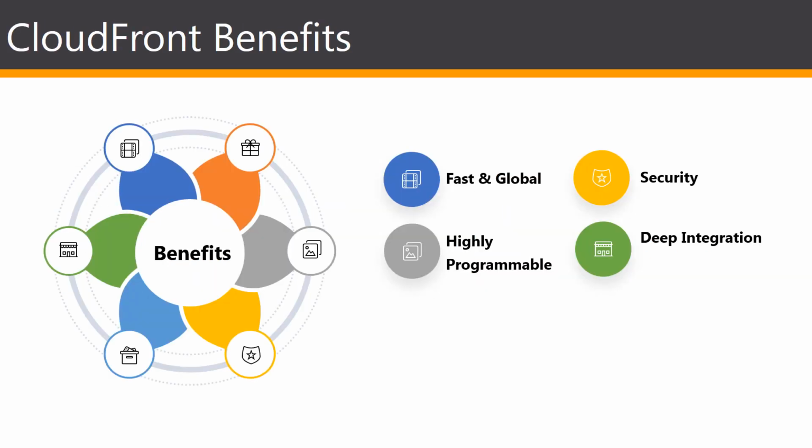Now looking at some of the benefits that it offers, it's massively scaled and globally distributed. The network has 150 points of presence and leverages a highly resilient Amazon backbone network for superior performance and availability for end users. It's a highly secure CDN that provides both network and application level protection.